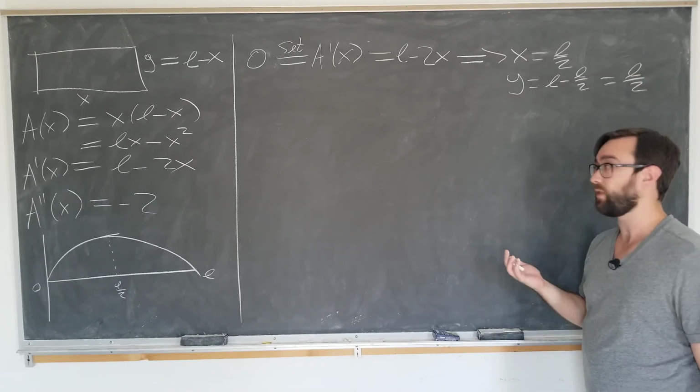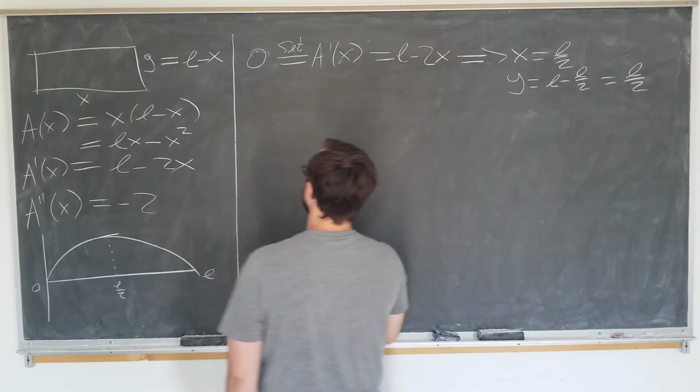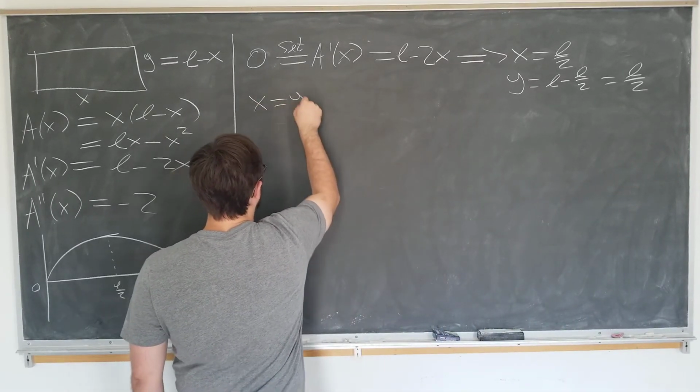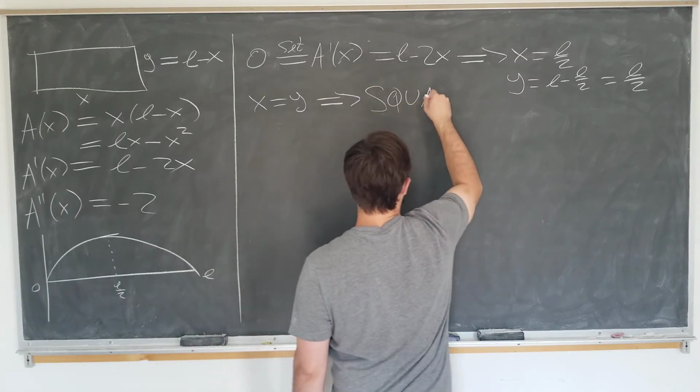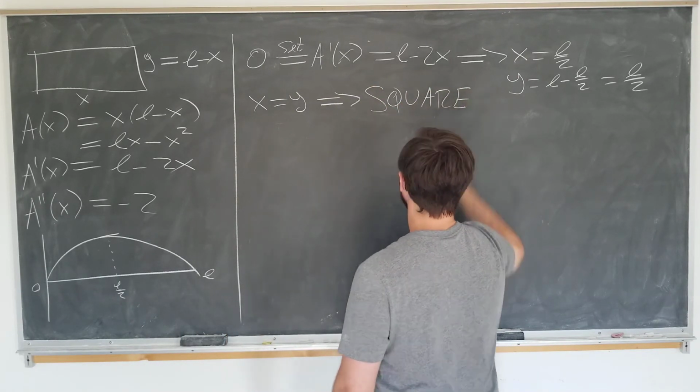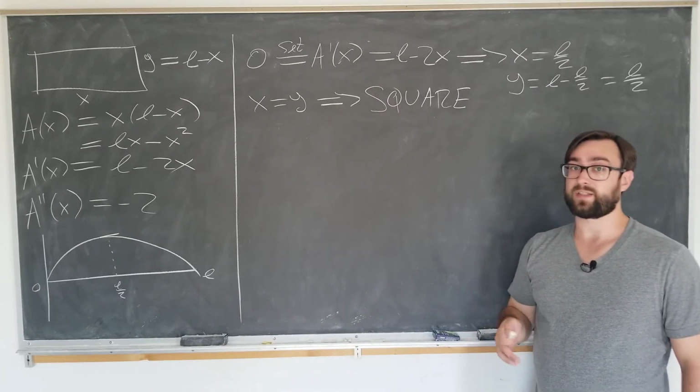So the answer popped out pretty straightforwardly. So we have x is equal to y, which is the definition of a square. So we've done it. In a sense, we've shown that it's an extremum.